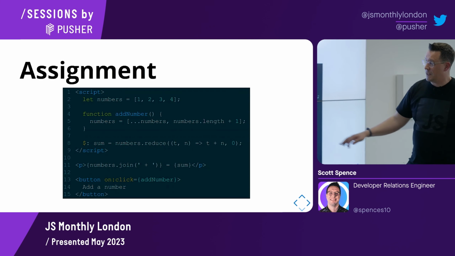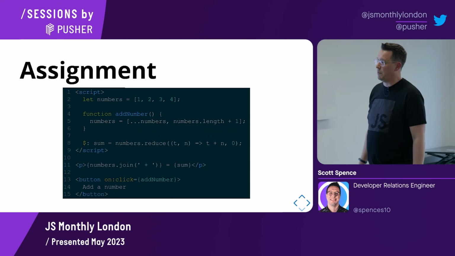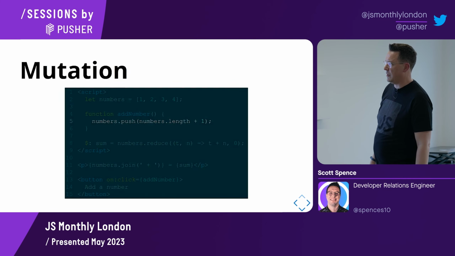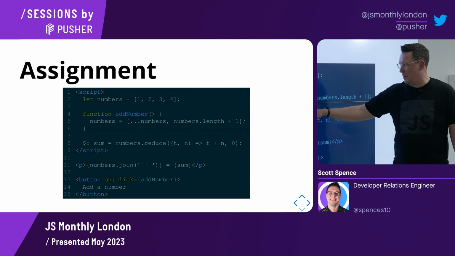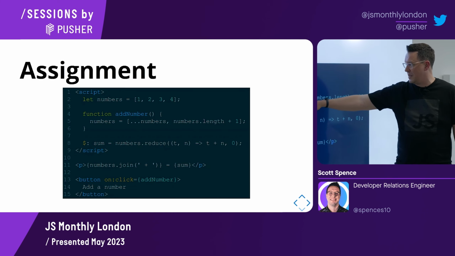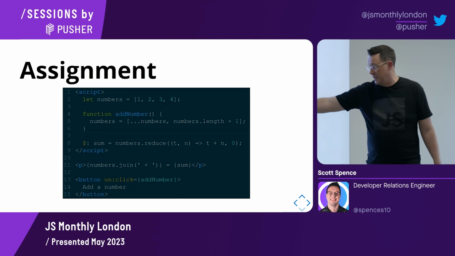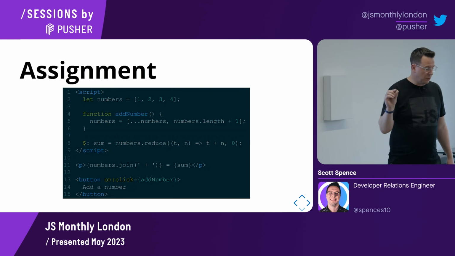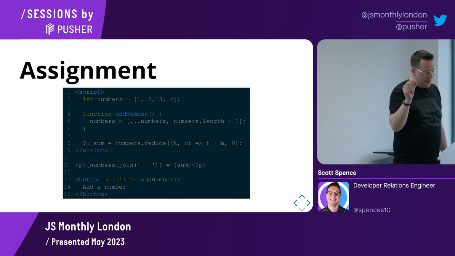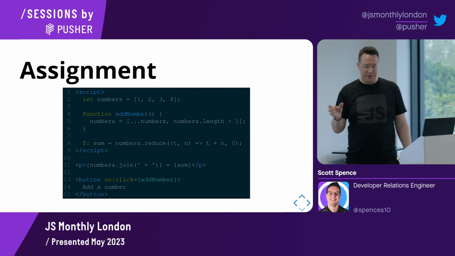Instead, we need to use assignment. Have I just skipped over 2 slides? I did, didn't I? Okay, sorry. Instead, we're going to need to use assignment. So we're going to use the ES6 spread operator here, spread numbers back into itself, and then increment the numbers here. So it's a very small cognitive overhead you need to deal with when you want to do anything reactive in Svelte.